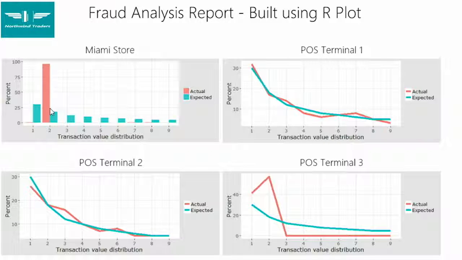And after further investigation using Benford's law, we found out that on point of sale terminal 3, there was some unusual activity happening. Basically, the story is the returns were taken by the store folks, but then the items were never returned back to the store for sale to future customers. So these were being stolen from the warehouse itself.